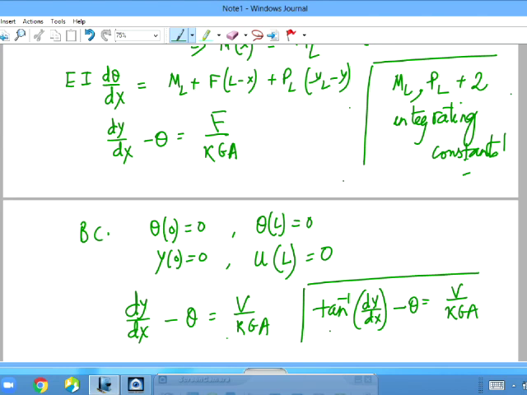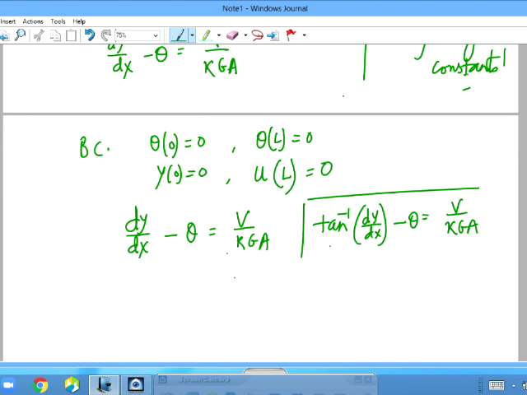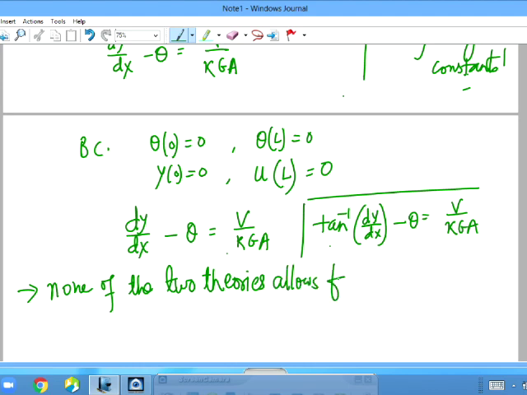But again, we are saying that the angle is very small, so we replace tan inverse dy by dx by just dy by dx. So none of the two theories actually allows for large rotation of the cross section.